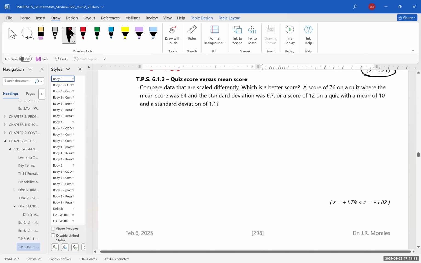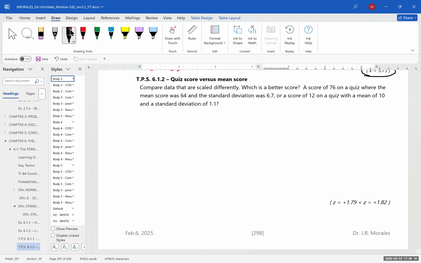All right, so far we've been converting between scales on a normal distribution, but we've only been converting one value in isolation. This example here, and the reason why it's a think, pair, share, is because you're doing this twice in one problem.